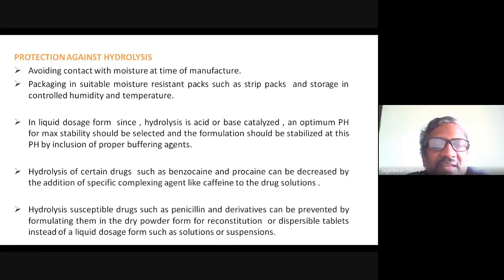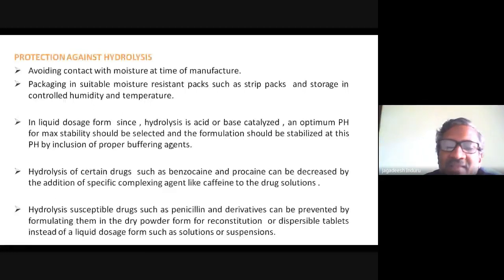And we are also reducing it by giving in the form of a solid, like tablets, and by adding a complexing agent. And we are also reducing degradation by dispensing in the form of a solid only, but it requires to be reconstituted. These are all the approaches which will protect against the hydrolysis and increase the shelf life.